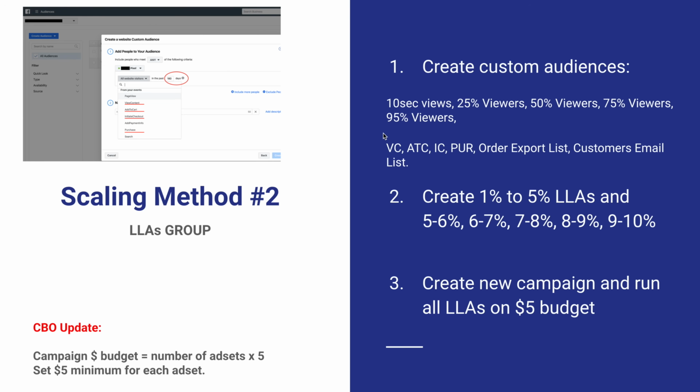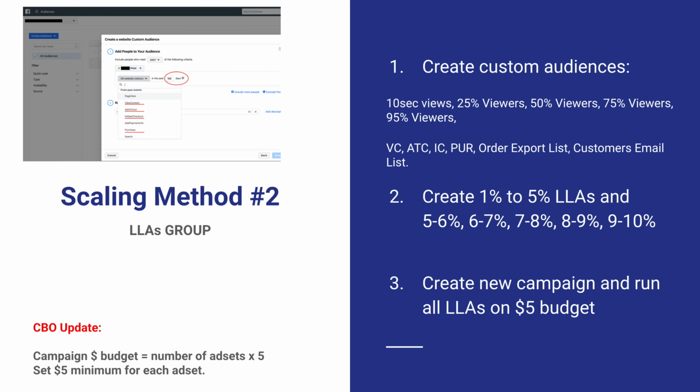Let's pick 10-second views as an example. We'll pick this custom audience, and we will create 1%, 2%, 3%, 4% and 5% lookalike audiences, each one separated.